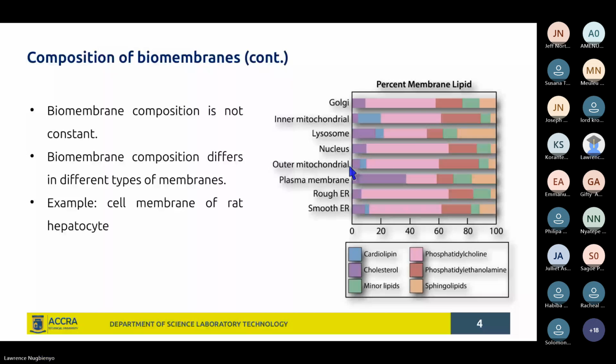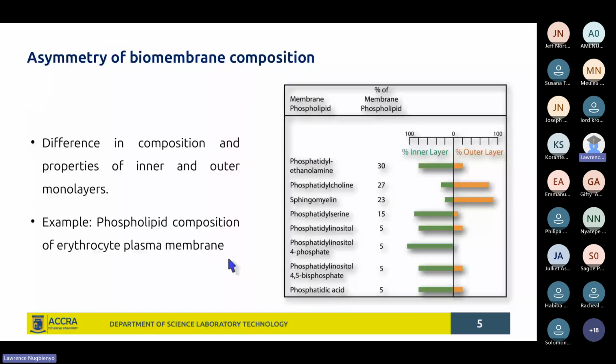All right. Now, this brings us to what we refer to as the asymmetry of biomembrane composition. What does asymmetry mean? Simply, if you take a cell membrane, we have seen that the biomembrane is a lipid bilayer, so on each side you have a monolayer.